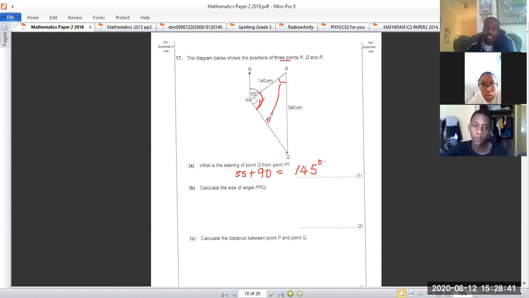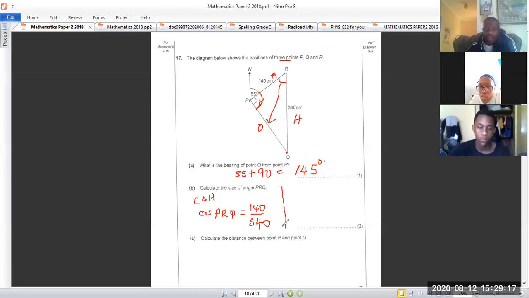We have this as the opposite side, this is the hypotenuse, and this is the adjacent. With adjacent and hypotenuse, we use cosine. So cosine of PRQ is adjacent over hypotenuse, which is 140 over 340.